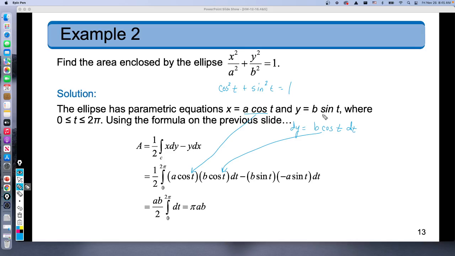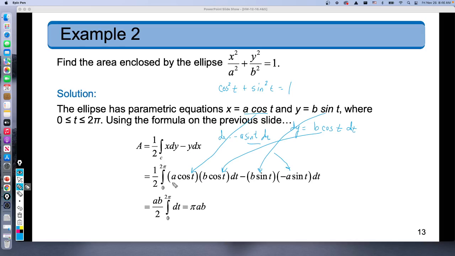Y, we just plug it in, right? Y is b sine t, so that goes there, and then dx is going to be the derivative of a cosine t, but the derivative of cosine is minus sine, so that's where the negative comes from, and then dt. So that's dx, and that goes there.